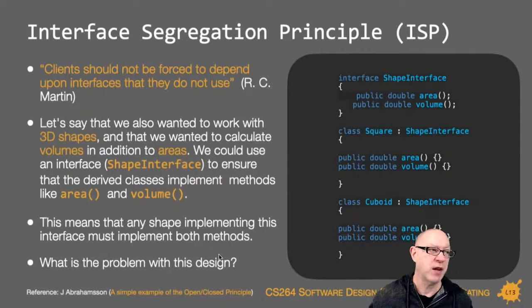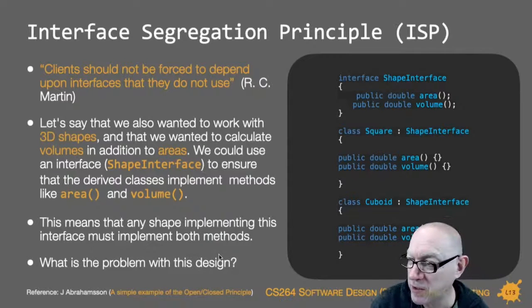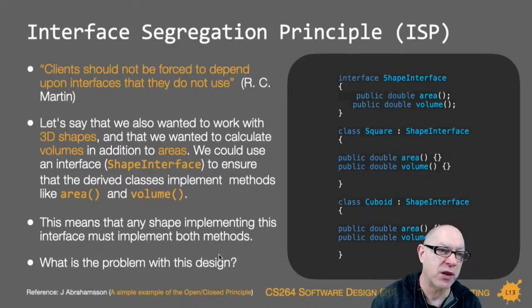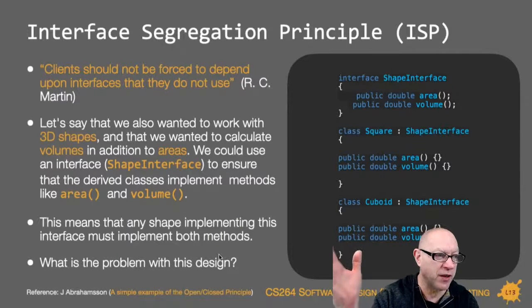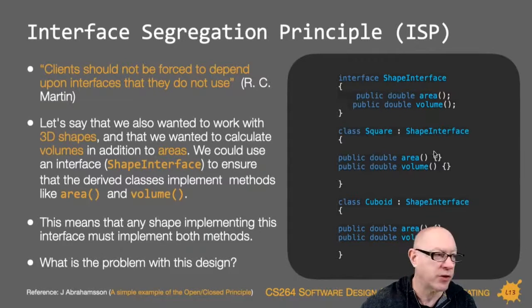Well, it's bad, and you can look at it and say, yeah, sure, that's obvious. But it's only obvious because you're looking at the names and understanding the names of the classes here. You're building this conceptual model in your head of what a shape is and what a 3D shape is. But these could be complex data structures that you don't understand just from the name.